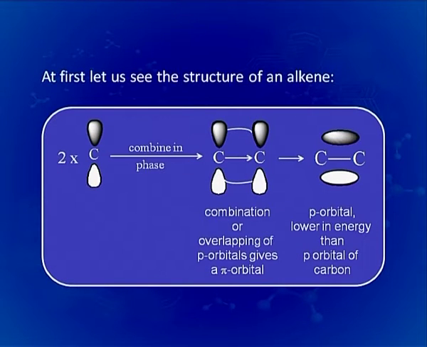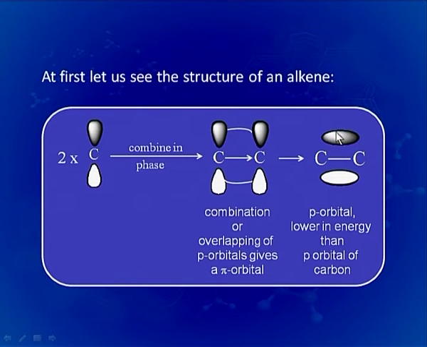To revise a bit, first let us see the structure of an alkene. You can see in this figure two p orbitals of a carbon atom. They are combining in such a way that overlapping of the orbitals above and below the plane of this carbon-carbon sigma bond is taking place to give us a pi orbital, and we also show this pi orbital in the lower energy form as a delocalized pi orbital.